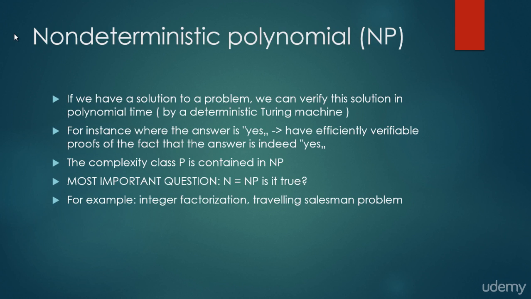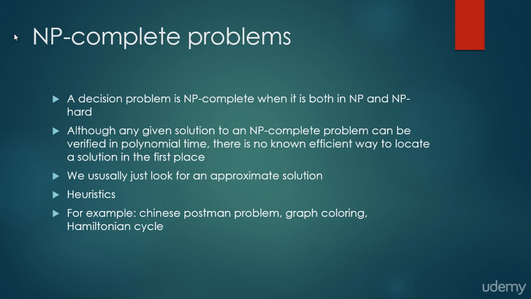If we find the solution, it's very easy to verify it, because we have to multiply the two numbers. It can be done in polynomial time, but if we don't know the answer and are looking for it, it's very hard. And the RSA code, if you are familiar with these kinds of topics, typically relies on such hard problems. And the traveling salesman problem is an NP-hard problem.